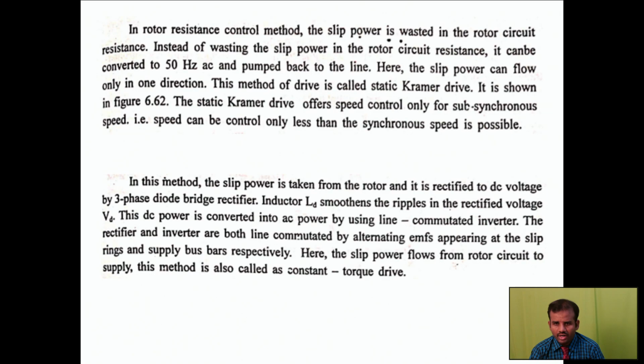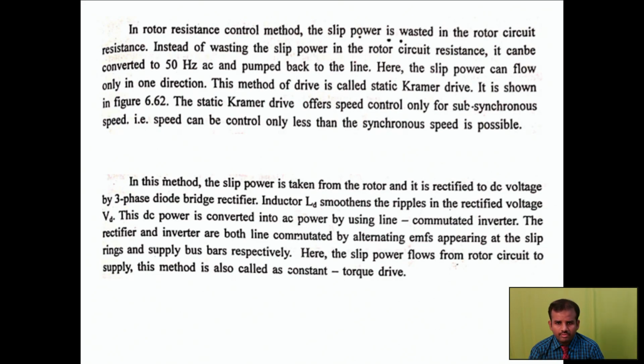This method of drive is also called a static Kramer system. The static Kramer drive offers speed control only for subsynchronous speed, not super synchronous speed. That is, the speed can be controlled only below the synchronous speed in this static Kramer drive. Okay, that is subsynchronous speed.